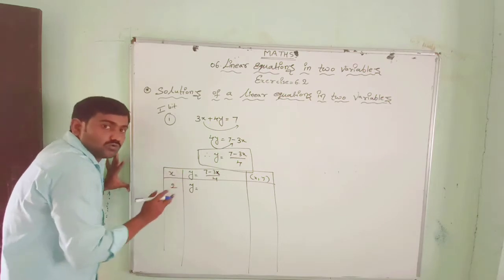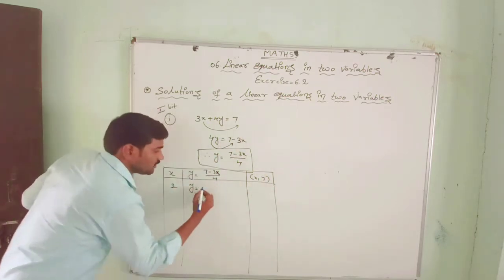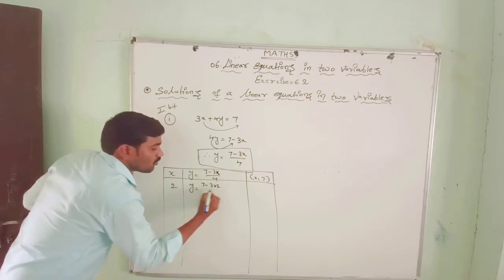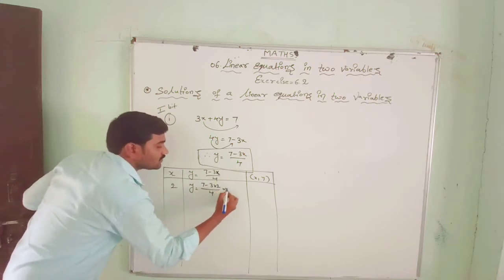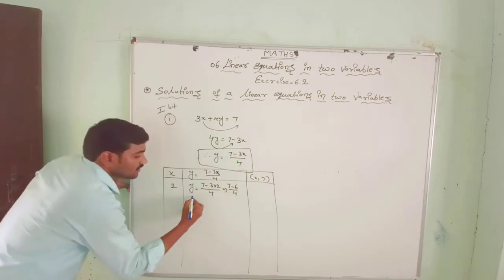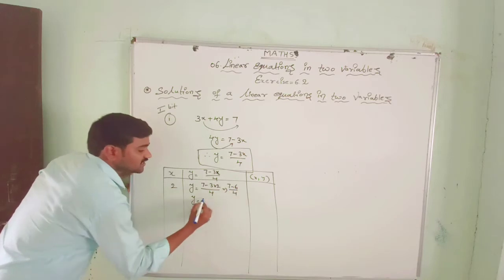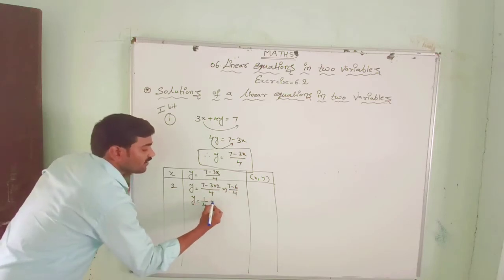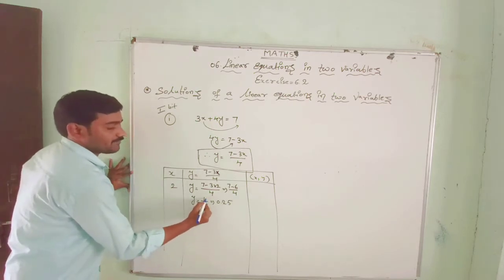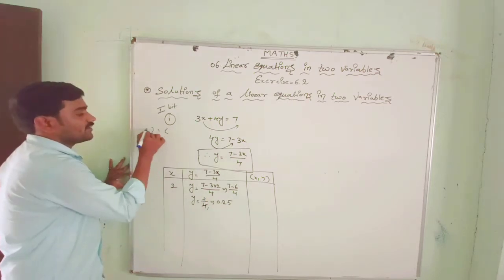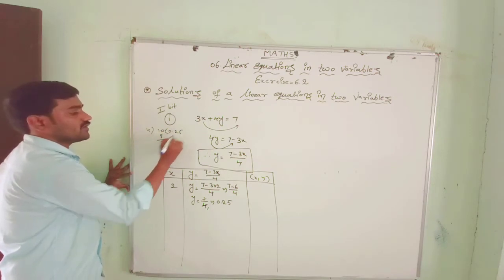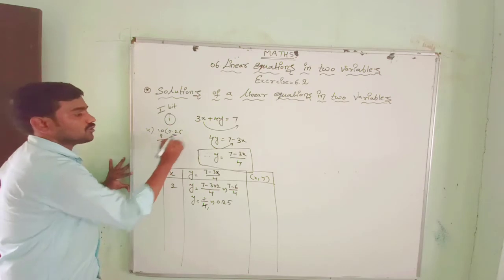If x is 2, what is the y value? y equal to (7 minus 3 into 2) by 4, that is (7 minus 6) by 4, so y equal to 1 by 4. 1 by 4 is nothing but 0.25. 1 divided by 4 is 0.25.